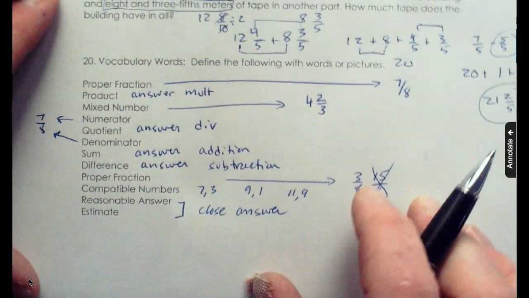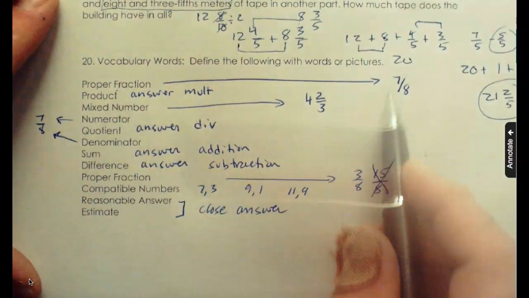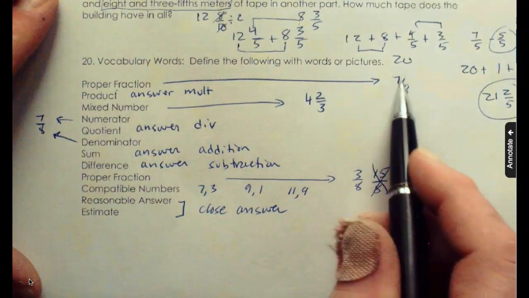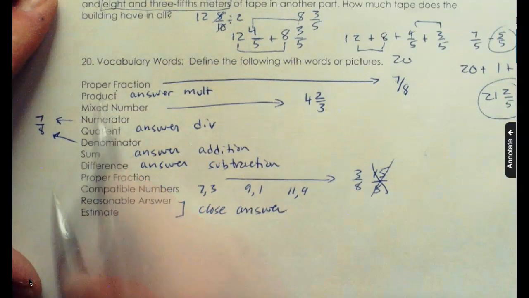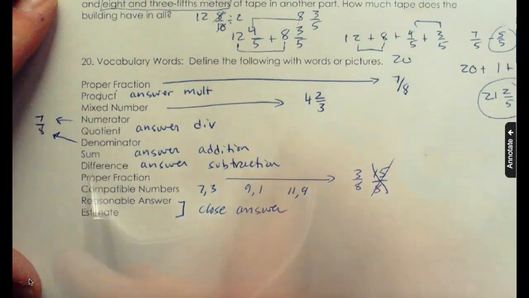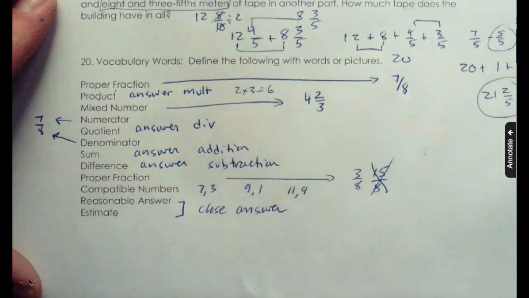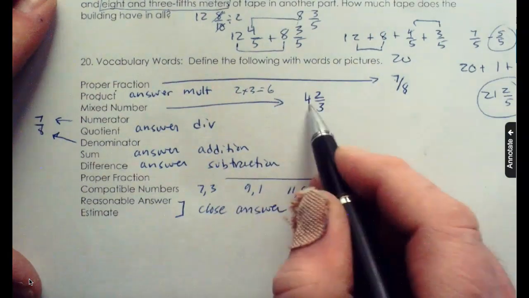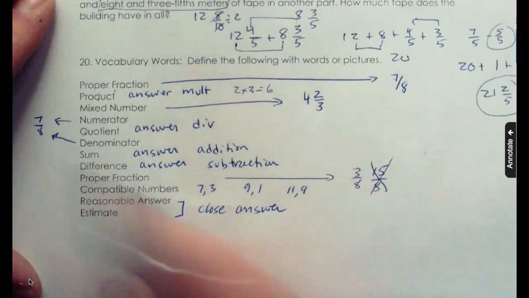Here are the vocabulary words, and I just wrote these out ahead of time so I could save some time. A proper fraction is a fraction where the numerator is smaller than the denominator. The product is the answer to a multiplication question, like 2 times 3. 6 is the product. A mixed number is a number that has a whole number and a fraction attached. The numerator, as I've said, is up top.